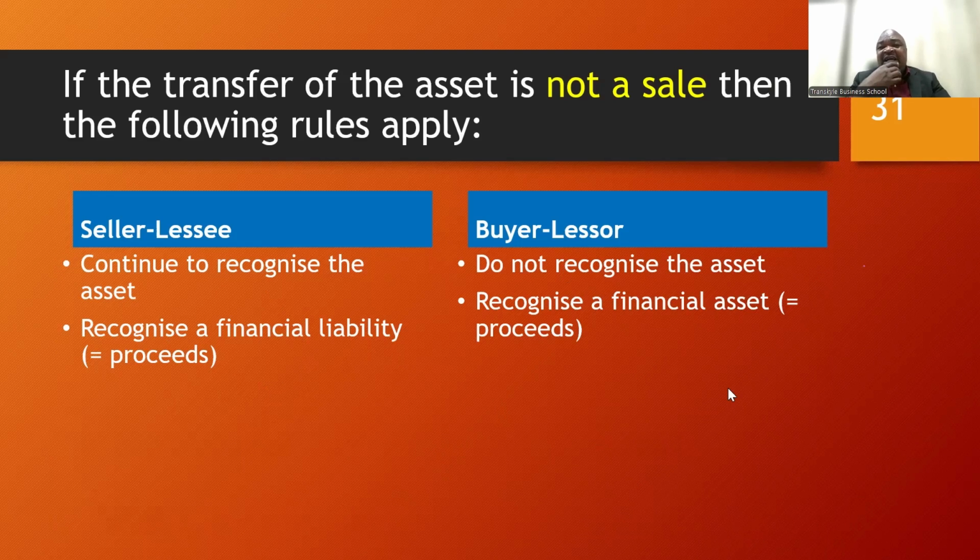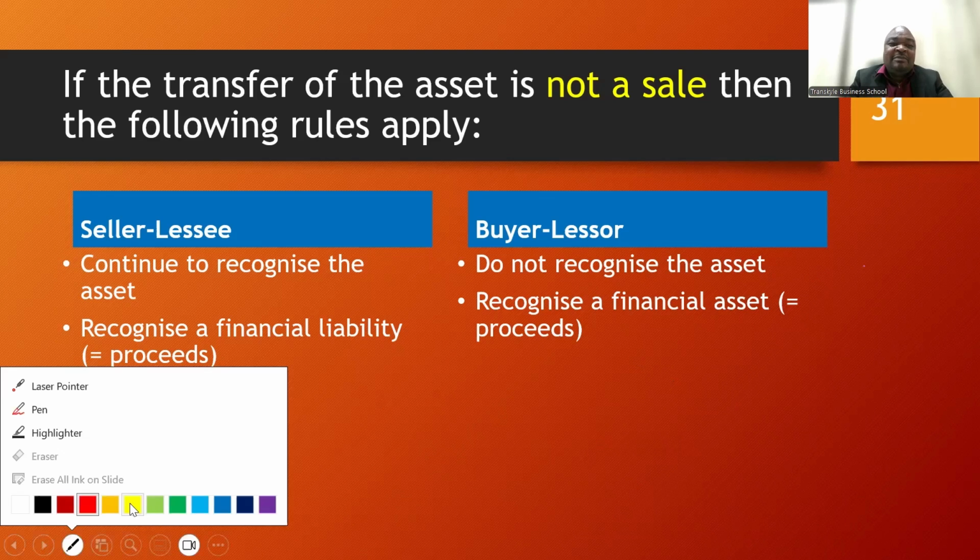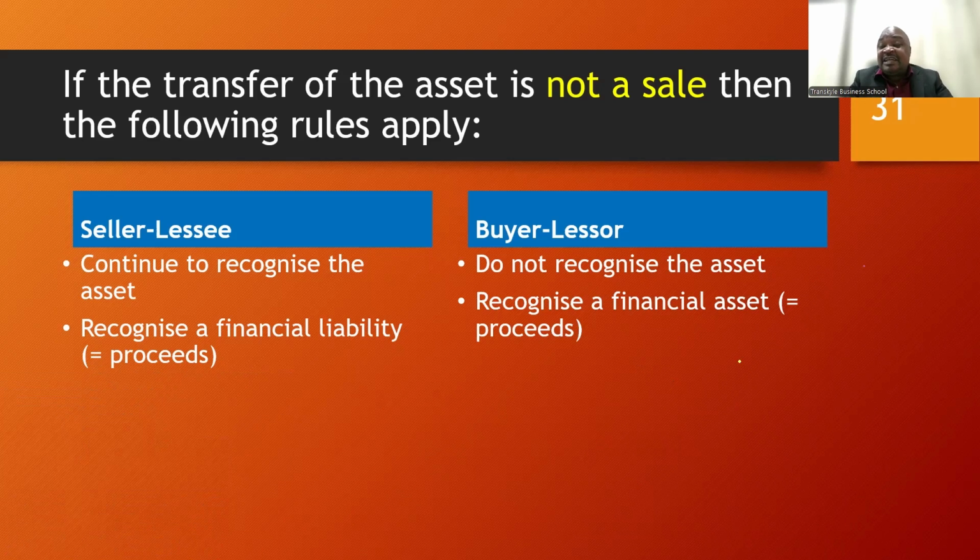Now, what about the buyer lessor? The buyer, who is now the lessor in question. He shouldn't recognize any asset because there was no sale. He did not buy anything. He just gave somebody money, and he just has to expect some money back when the guy he gave money to decides to pay him.